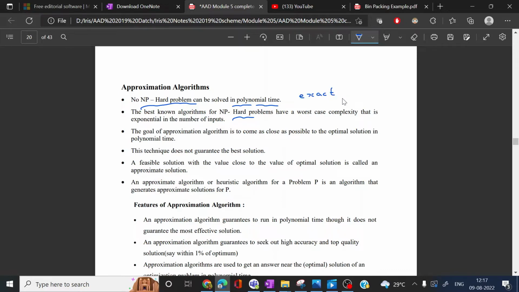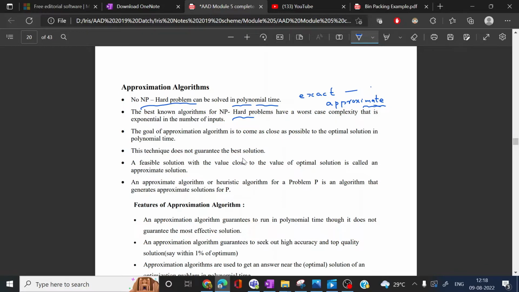But what if we find an approximate solution in less time? We can go for the approximate solution instead of finding the exact solution which takes exponential time. We can find an approximate solution for that problem which takes polynomial time.